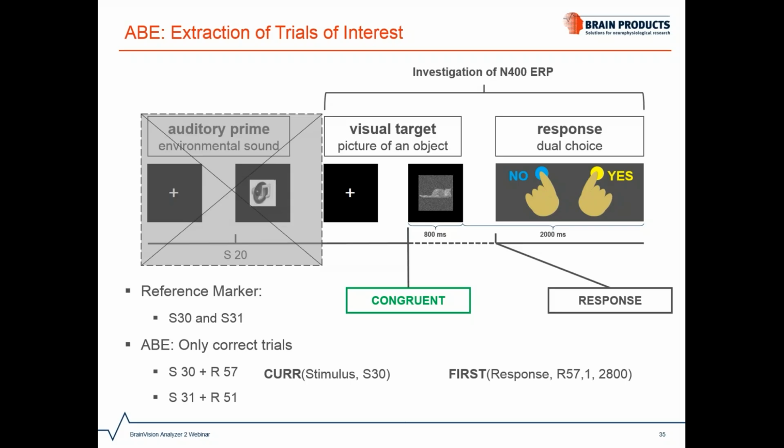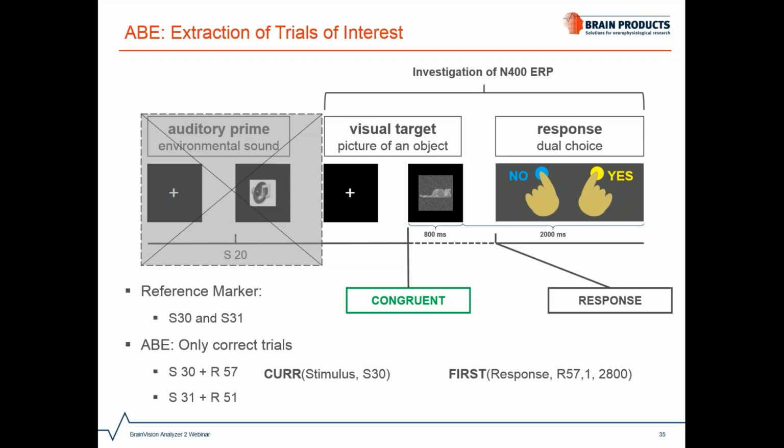So I check again for the type, which is response, the name, R57, and as search window, I use 1 to 2,800 milliseconds. This would extend the search window until the end of the trial. Regarding the start point, I recommend not to use 0 as a minimum time interval, because this would also include the reference marker, which sits at time point 0.